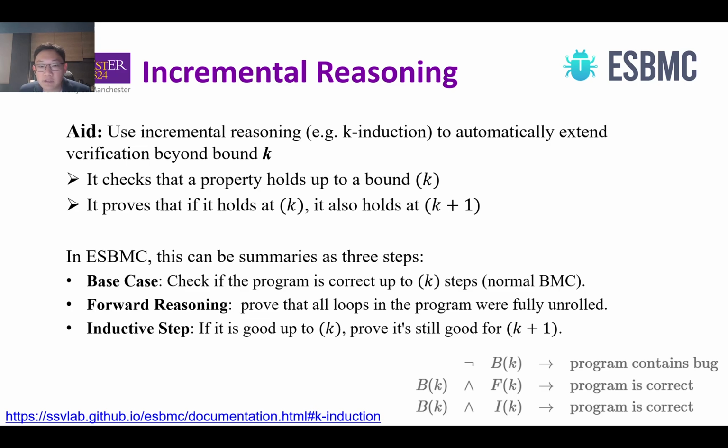So in ESBMC, this can be summarized in 3 steps. That is the base case, basically the normal bounded model checking process, and forward reasoning by adding an assertion to prove that all the loops have been fully unwound. And lastly, the inductive step to prove that if we hold at K, it should also hold at K plus 1.